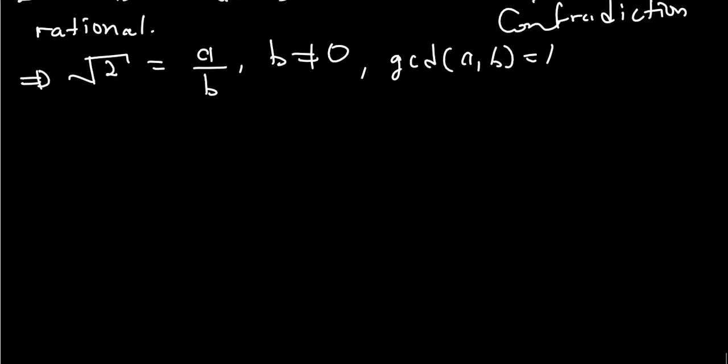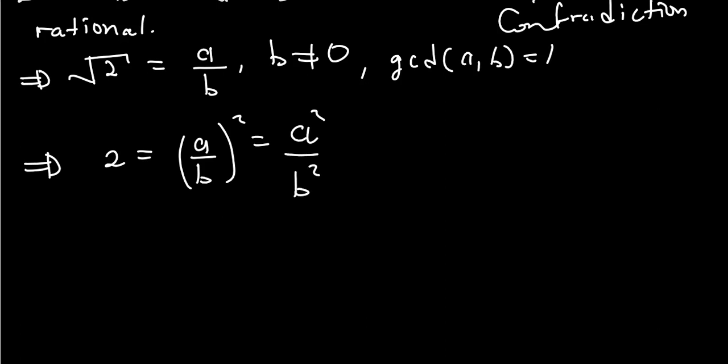From here, let's develop the proof and see if we can get a contradiction. If we square both sides, we get 2 is equal to a divided by b, all of this squared, which is the same as a squared divided by b squared. So what does this imply? We can cross multiply, so a squared will be equal to 2b squared. This means that a squared is an even number, since it is a multiple of 2.